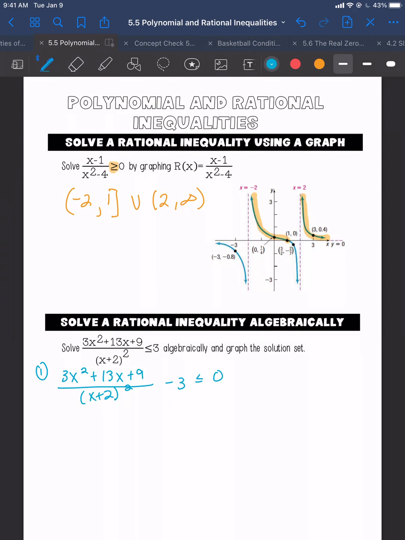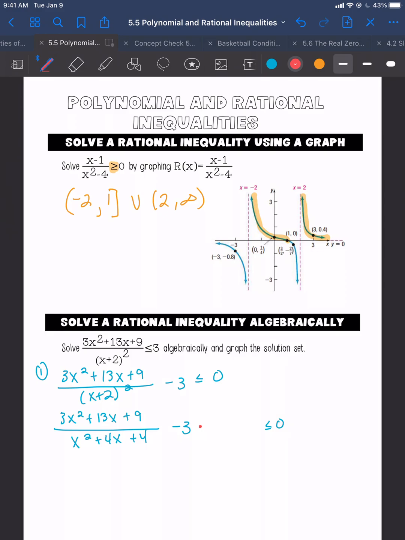I'm going to go ahead and expand my denominator here. So that would be (3x squared plus 13x plus 9), all divided by x squared plus 4x plus 4. I'm subtracting 3, and I'm going to leave some space, because in order to subtract a fraction, we have to have a common denominator.